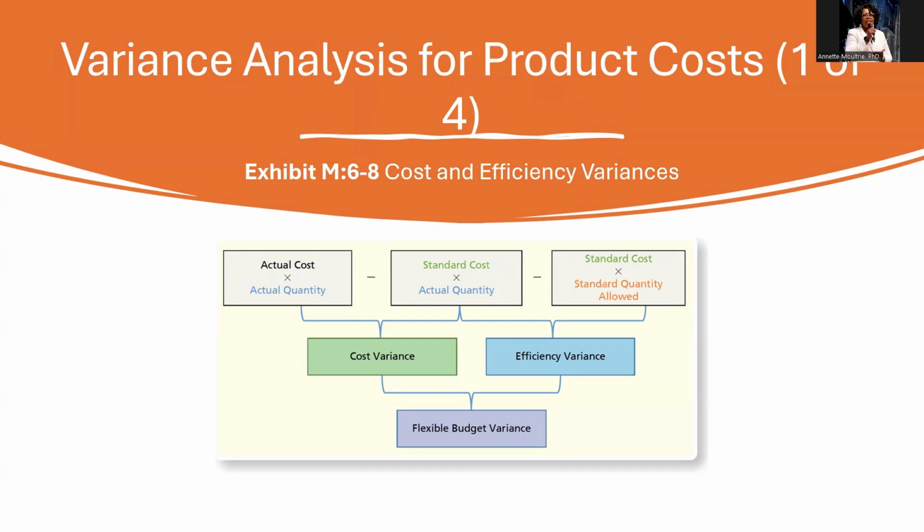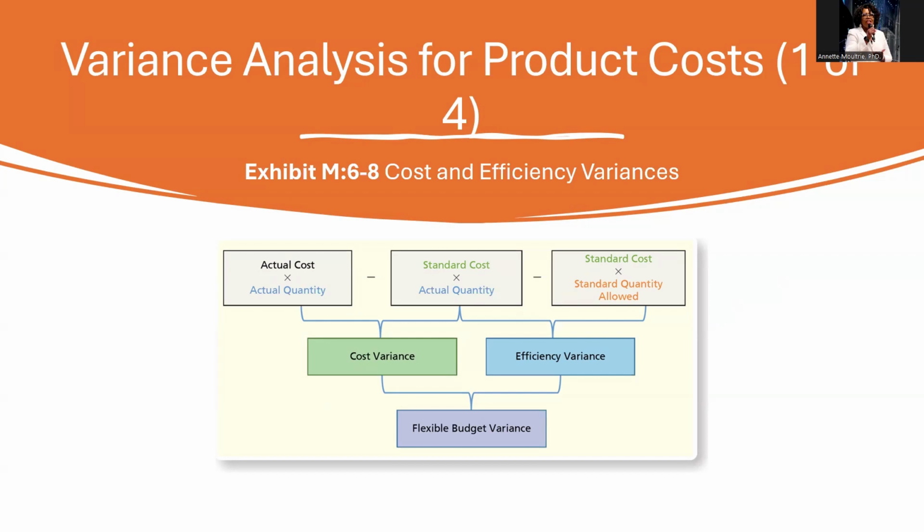Okay, now once cost standards are established, managers use them to assign costs to production. At least once per year, they compare actual production costs to standard costs to identify variances.